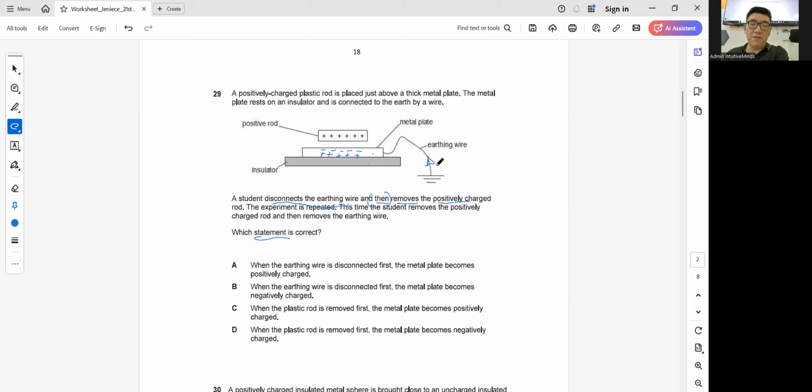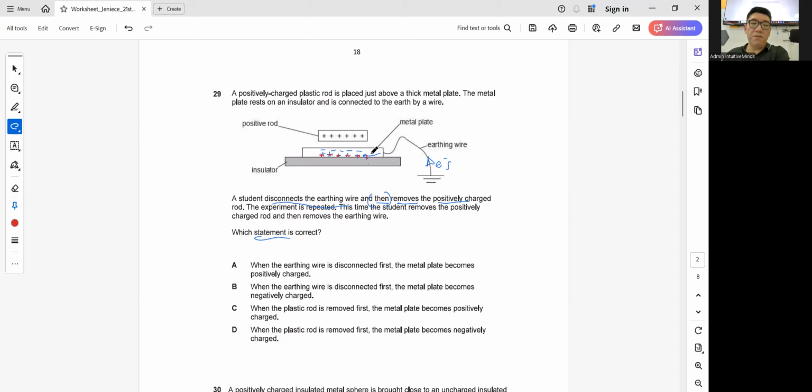The moment you earth, electrons will flow in and they'll come to discharge these guys. So they'll be gone. Gone, gone, gone. Okay. So if you remove the rod after this, you will get negative charge.